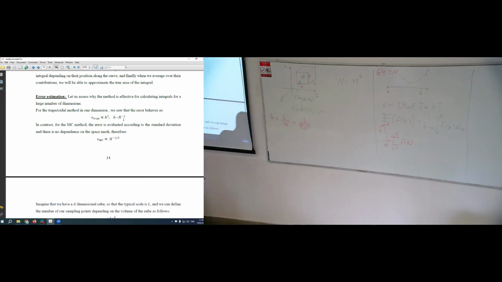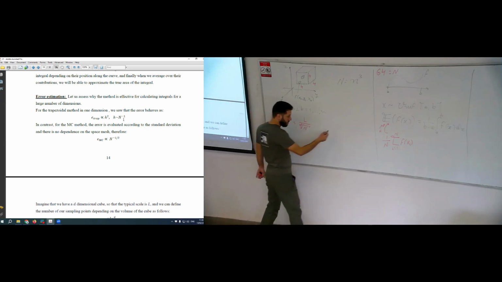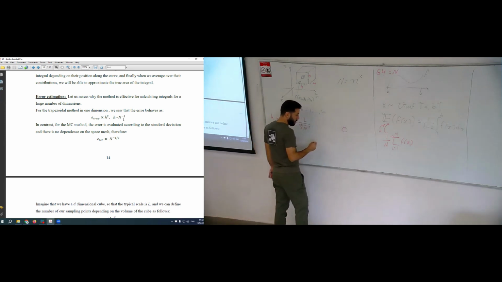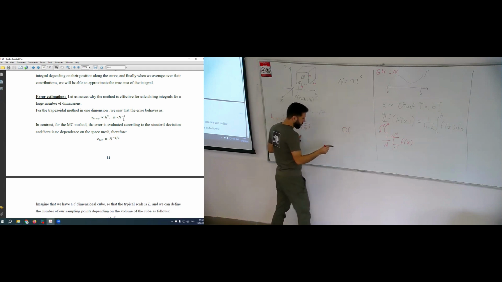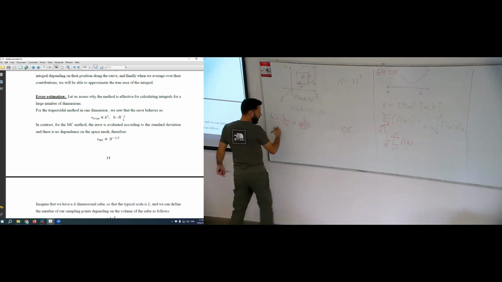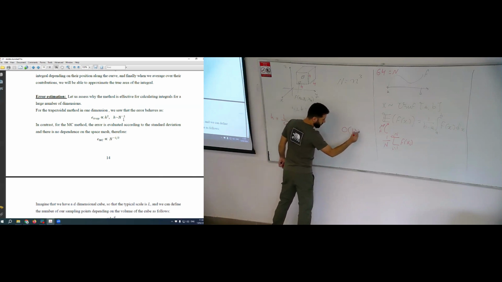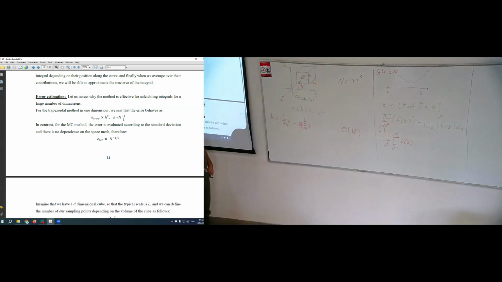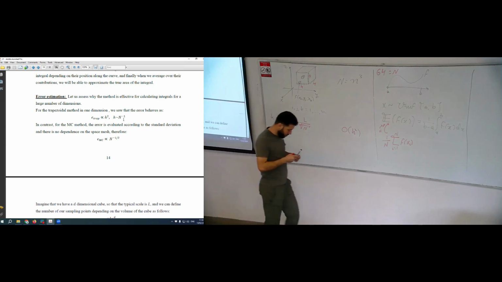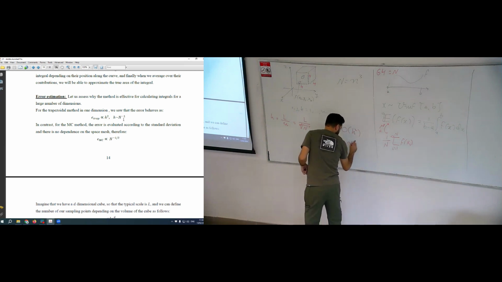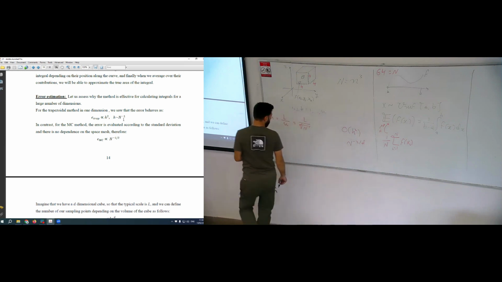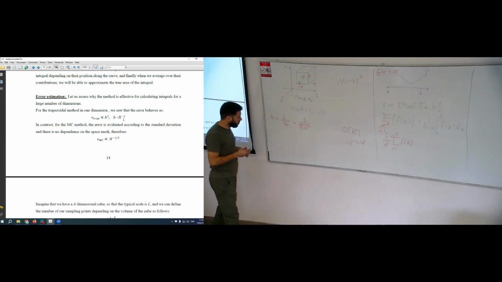And the trapezoidal method tells me that the order of the error goes like this H squared. Okay. So it goes like n to the minus 2 over d.